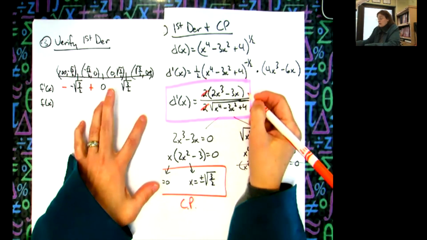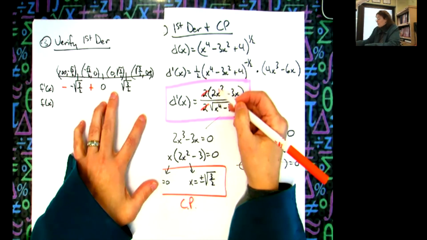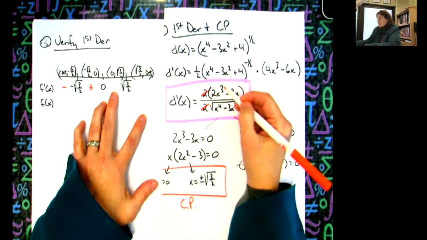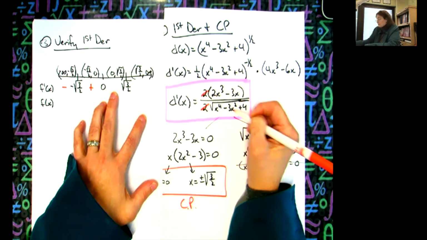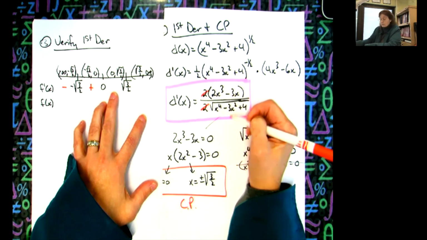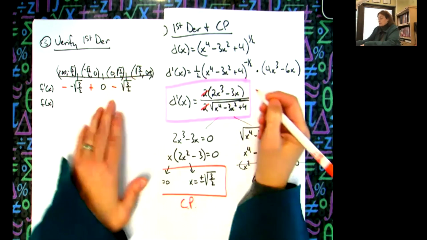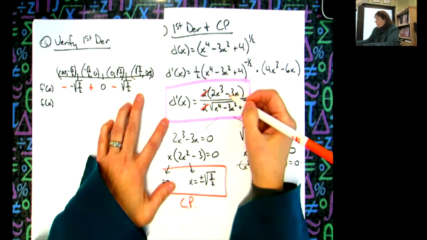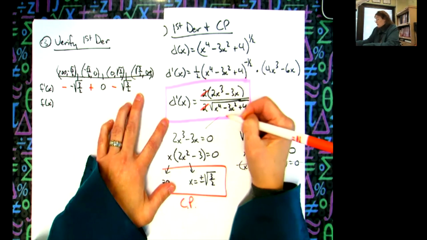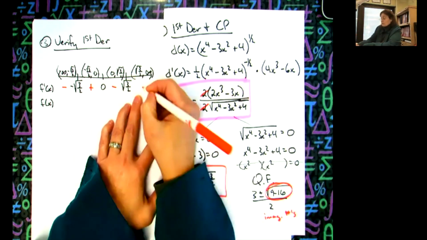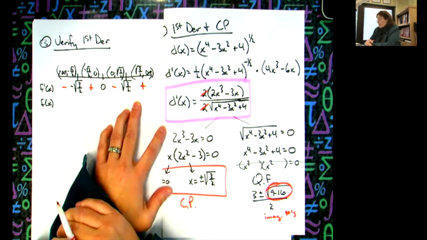Plugging in a 1, I've got 2 minus 3, so I'm going to have a negative on top, and a positive on the bottom. So this one's going to be negative. Plugging in a really big number here is going to give me a positive on top and a positive on the bottom, so overall positive.